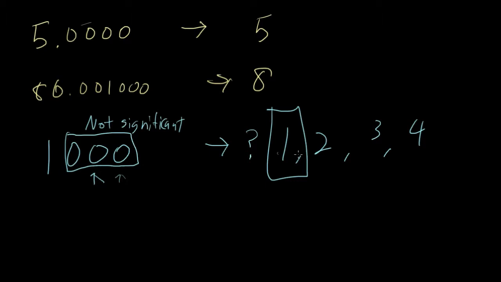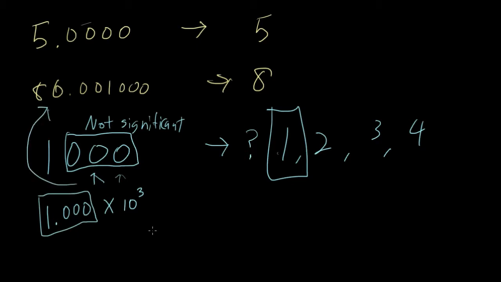Okay. If they were all significant, we would conventionally say 1.00 times 10 to the third. We'd write it in scientific notation. That way, this adheres to this rule.